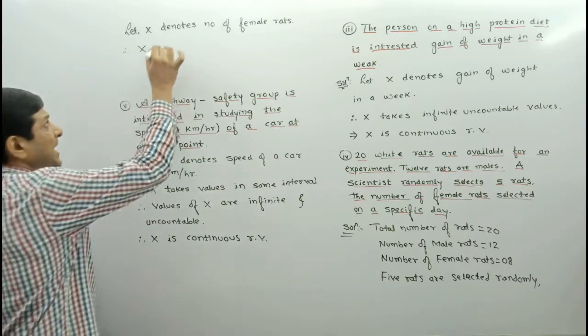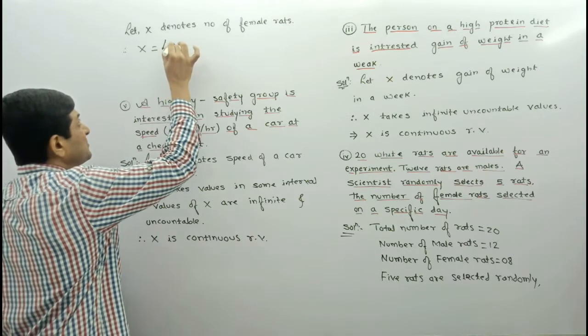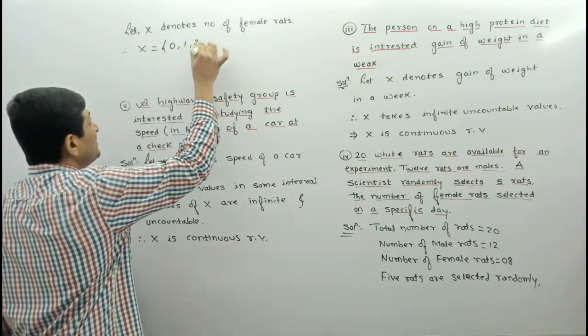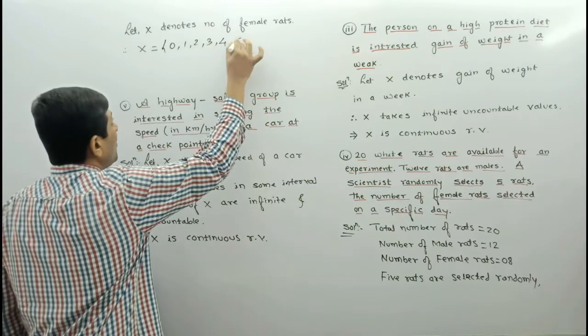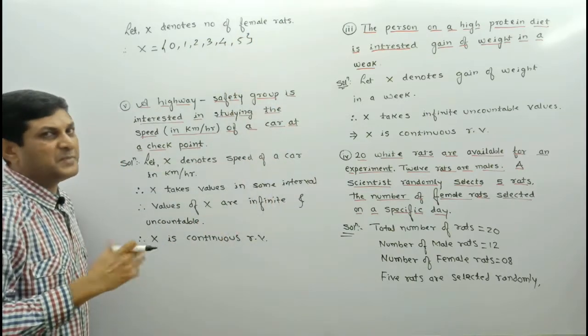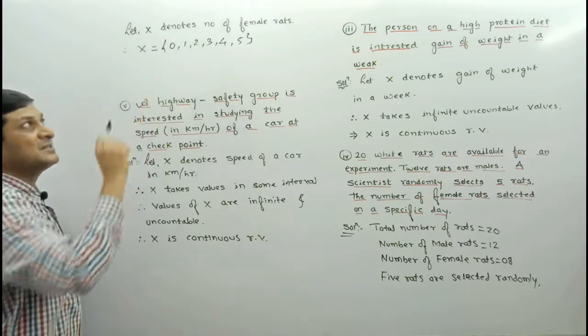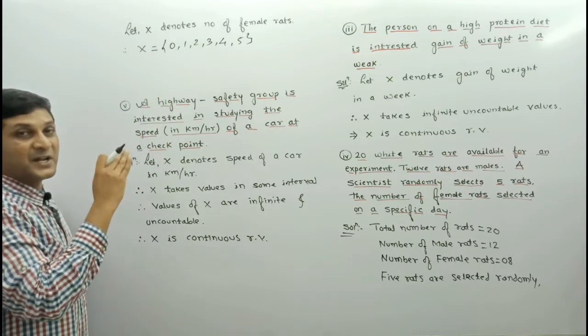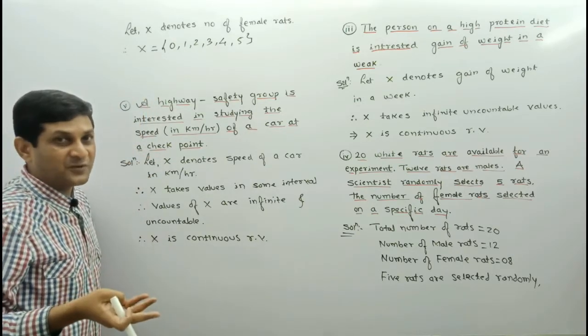Suppose that the number of female rats selected may be 0, maybe 1, maybe 2, maybe 3, maybe 4, or all the 5 rats selected randomly may be female. Means here x takes the values, what are the values of x? 0, 1, 2, 3, 4, 5.